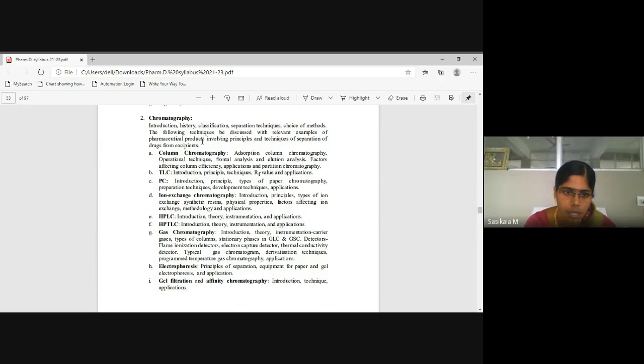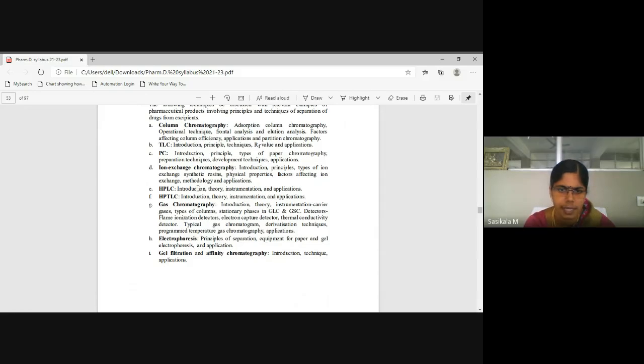Then column, that is gas, HPLC, gel filtration, affinity, all this will be discussed later. And then electrophoresis, lastly. According to the concepts I have divided it, so that with continuity you can learn all the topics.